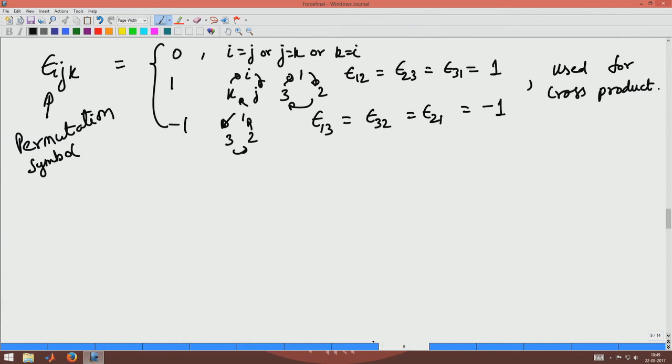Now, there is one more product that we have to see, that is called the box product or scalar triple product.